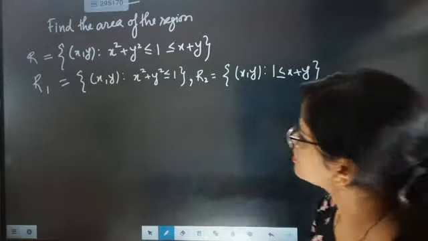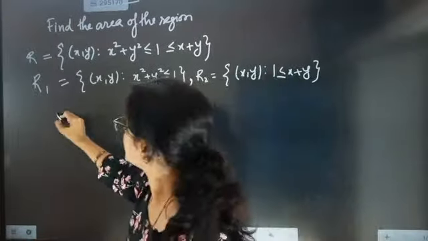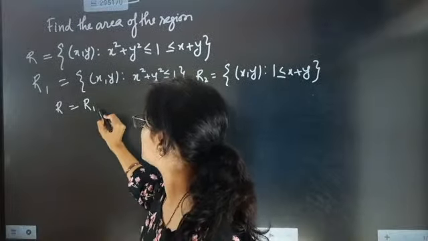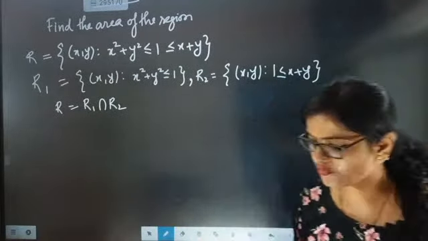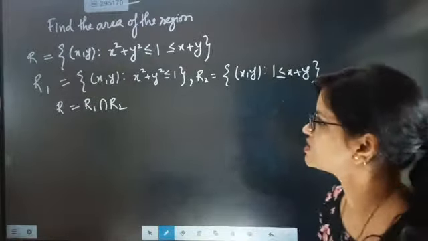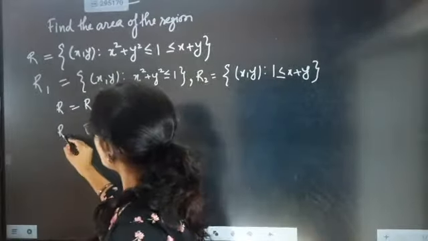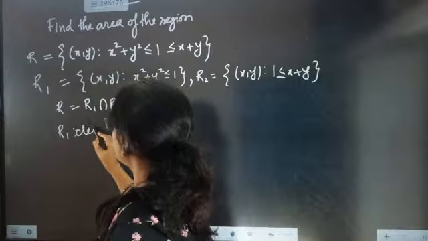So that means R1 and R2 is there. That means R will be equal to R1 intersection R2. Now we are going to talk about the regions. Now very specifically talk about the regions. Now say about R1.